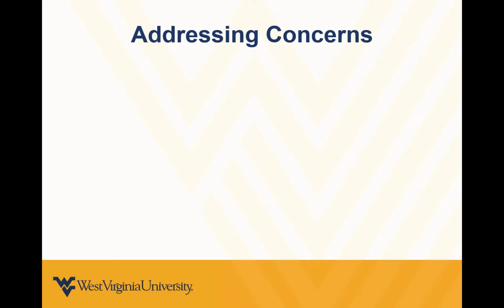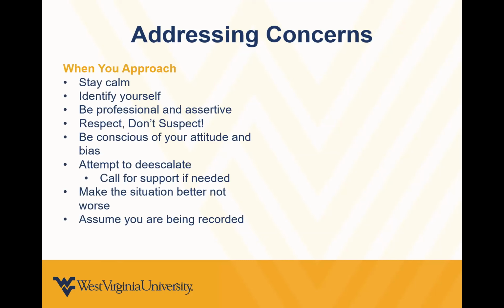We will now go into more detail about addressing concerns and violations in your community. When approaching a situation, you should stay calm, or at least appear to be calm. Sometimes this takes mental preparation before approaching a situation.